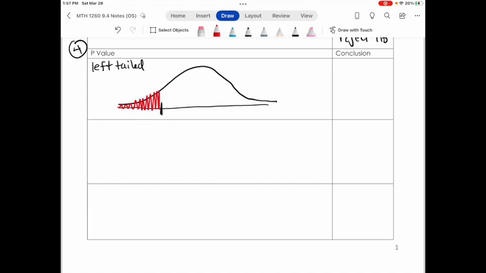Then we're going to use our knowledge of probability, and we're going to find the probability that we get another test statistic that lies in that red area. That's the probability that we get another test statistic, I'll just call it X, that's less than or equal to the test statistic that we already have.